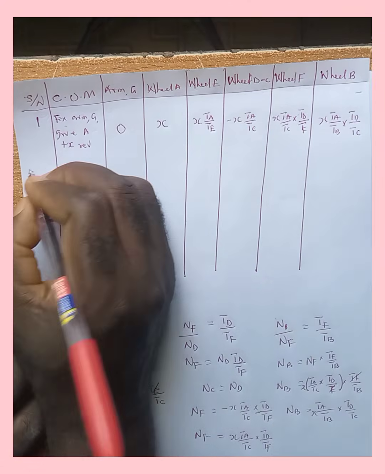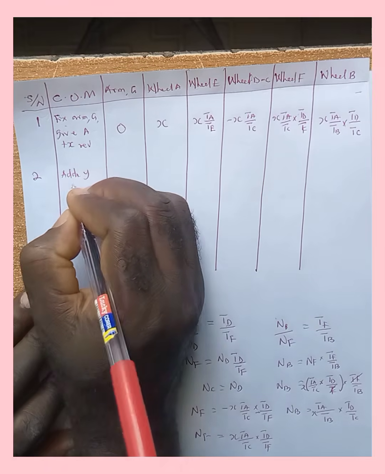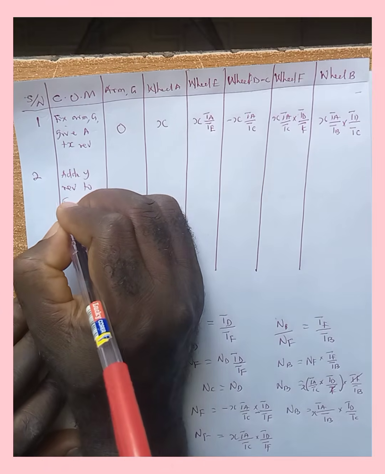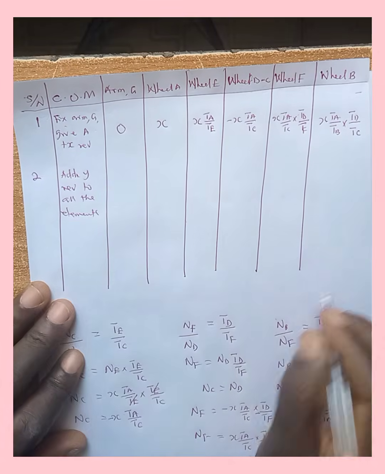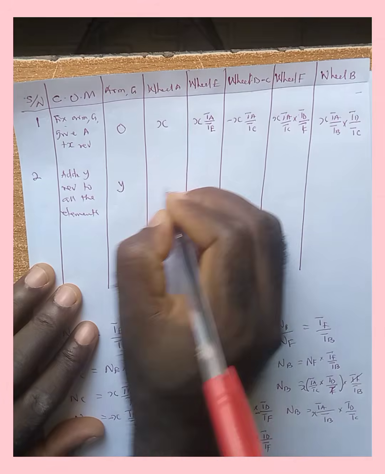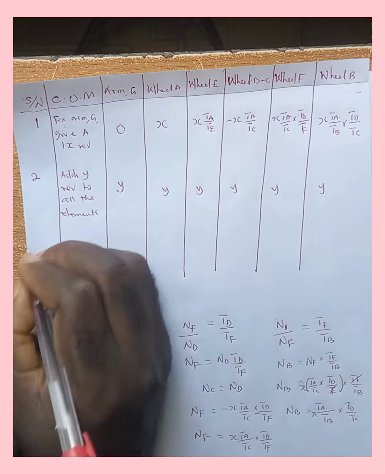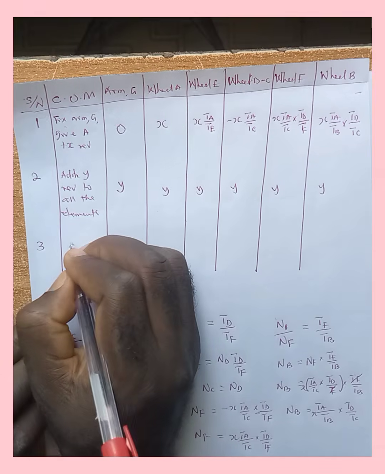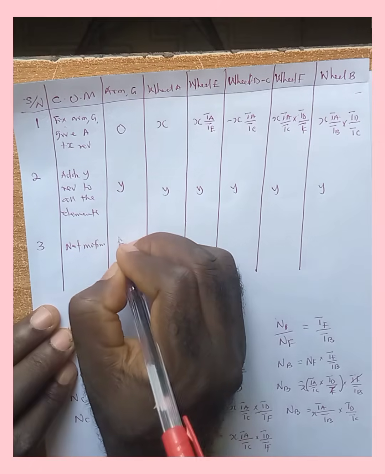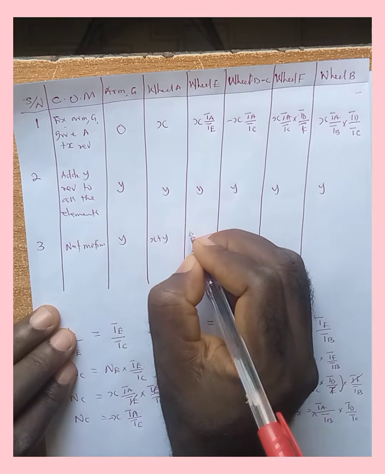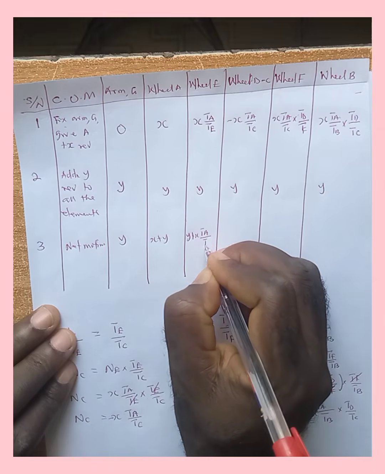Now, the next action here is you add Y revolution to all the elements. If you fix all of them as one body, this will be Y, Y, Y, Y, Y, Y. Then the third action here is net motion. Here we have Y, here we have X plus Y, here we have Y plus XTA over TE.